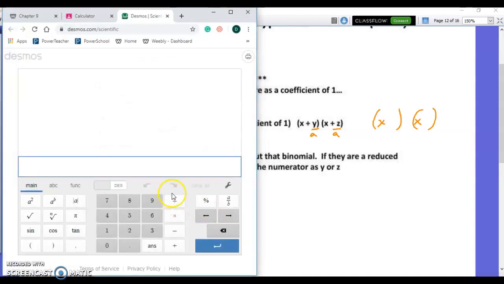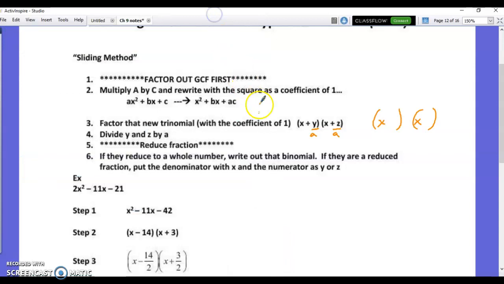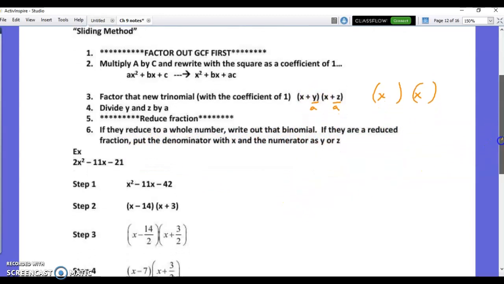I have this one ready to go, so as we go through, I will show you how to do that. If they reduce to a whole number, you're good, you're done, and you write out that binomial. But if it reduces to a fraction, you're going to put the denominator with the x and the numerator as your new y or z. And again, as we go through this, it'll make sense.